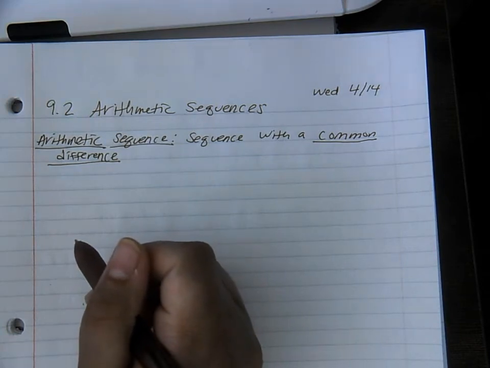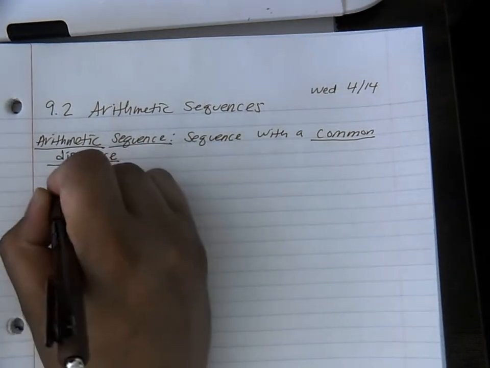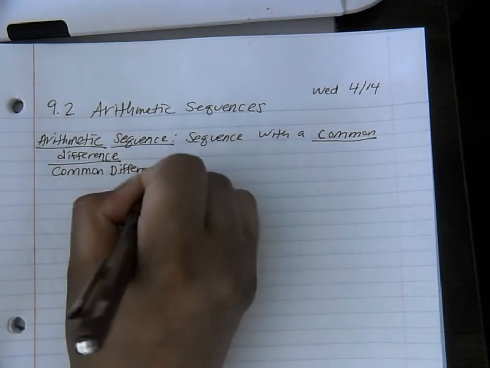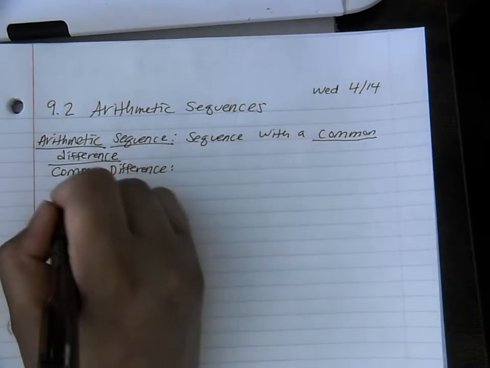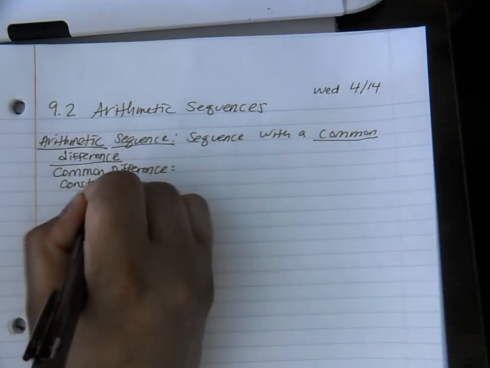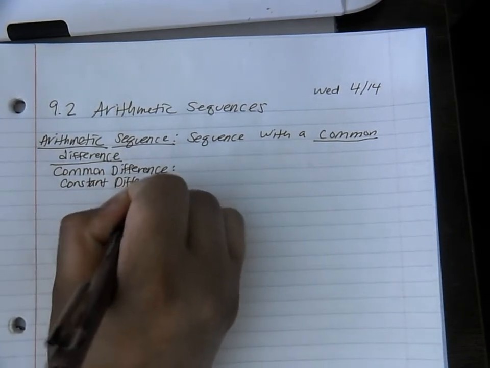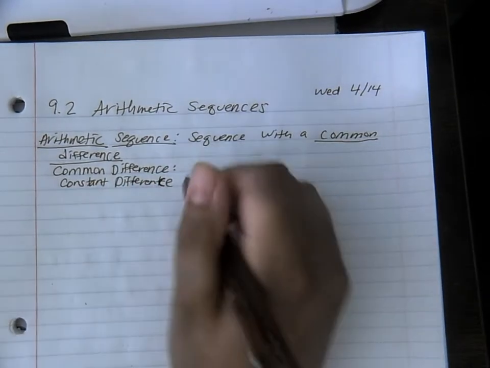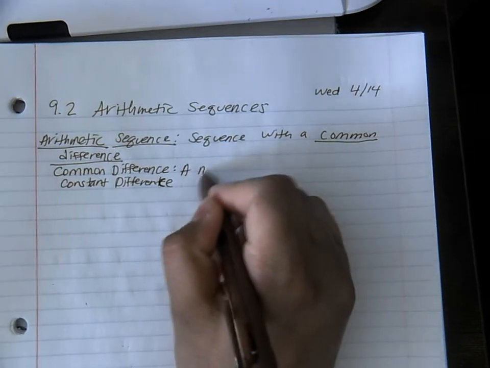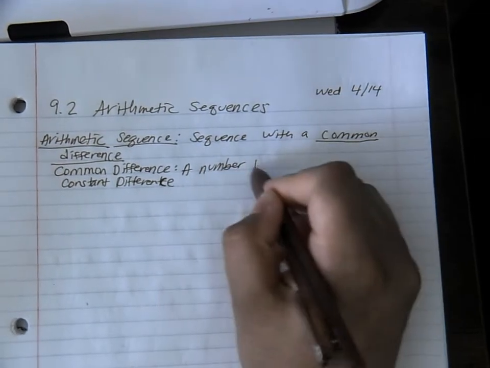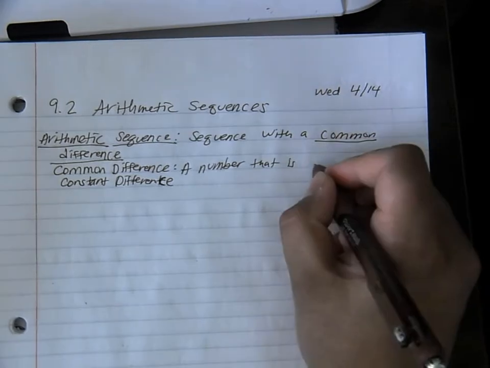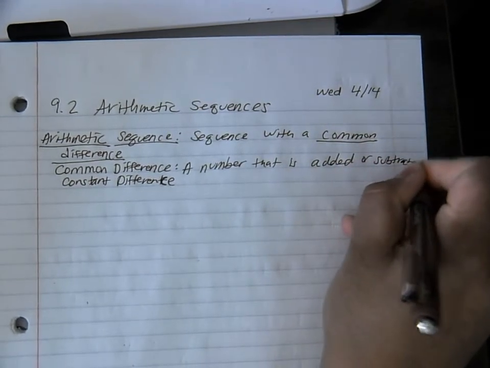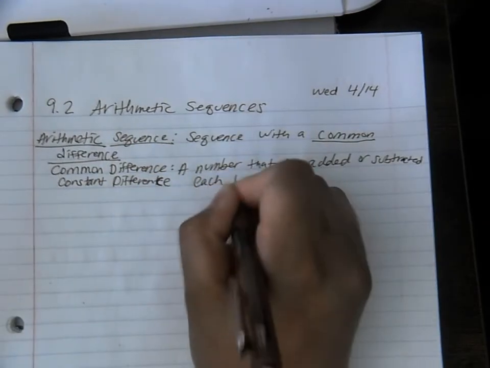So common difference is also, I'll write down constant difference because it means the same thing. Sometimes you'll see it written one way or another. They both mean it's the number that's added or subtracted each time in a sequence.